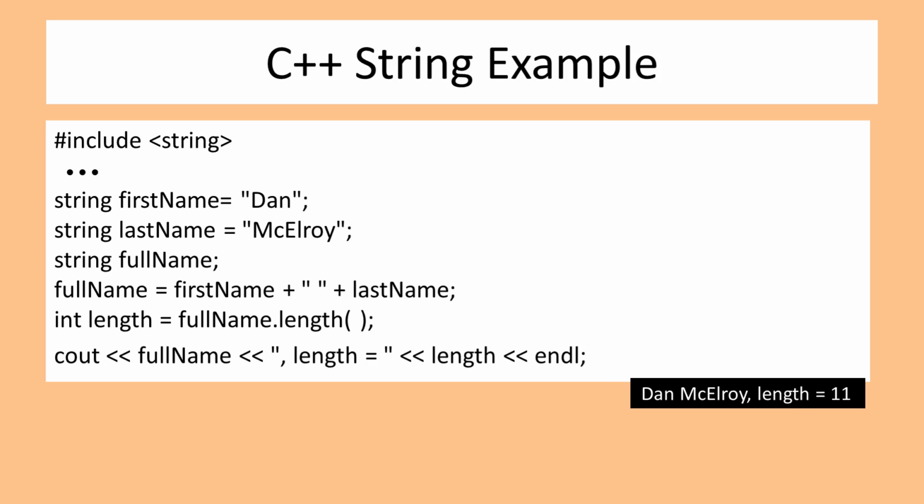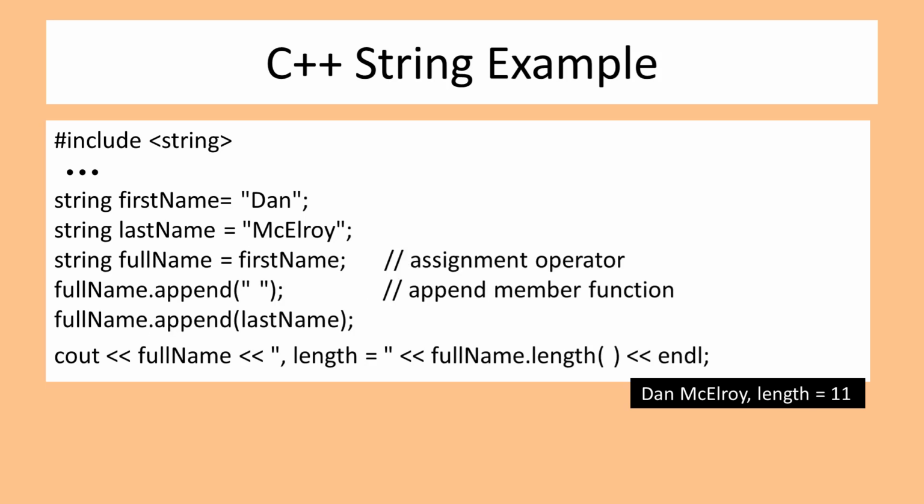So cout full name, comma, space, length equals space, and then length and endl. So it's going to say Dan McElroy, comma, space, length equals space 11. So that's my first name, a space, and the last name is 11 characters.